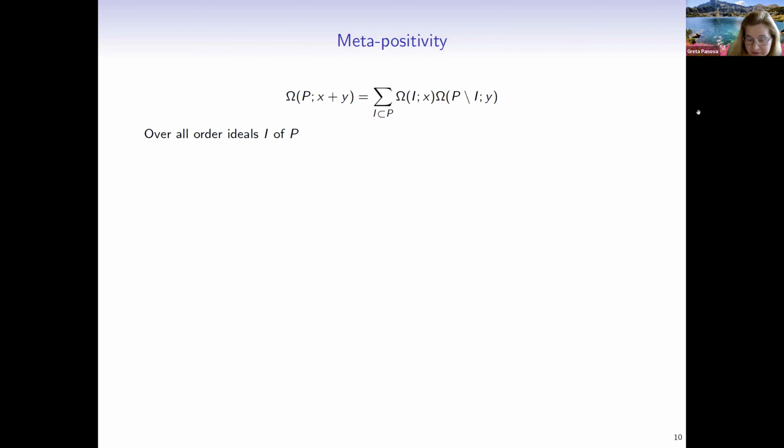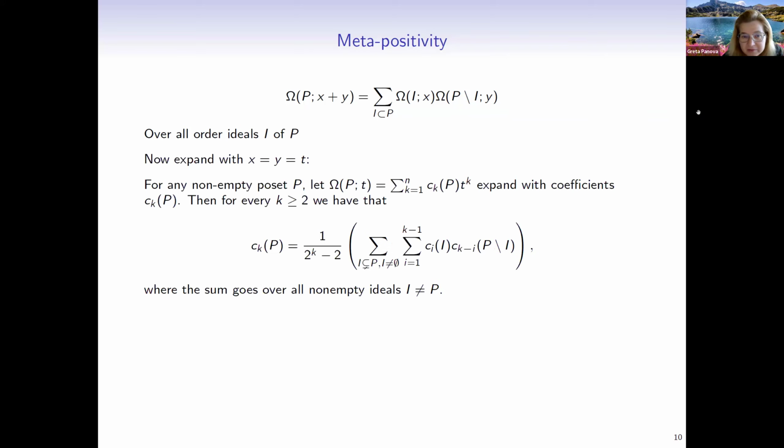Okay, so that's kind of an obvious combinatorial result. What you can do with it is, now you remember this is a polynomial and x and y are variables, and you can set them both to be equal to the same variable t. So now remember that this is a polynomial in t. It has some kind of coefficients.